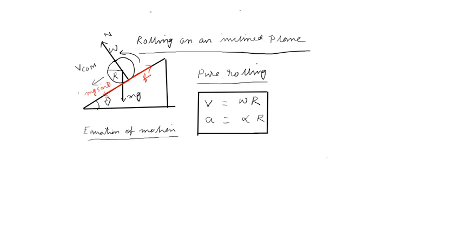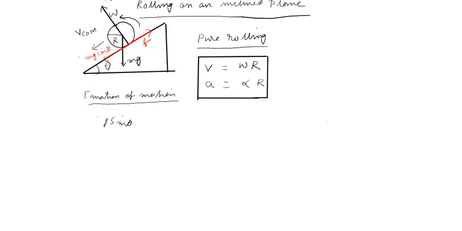If the object is coming down with acceleration a, then along the plane the equation will be mg sin theta minus F equals ma. So this is the equation for the linear motion.